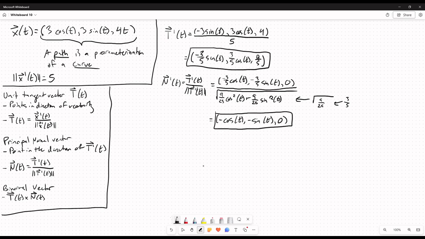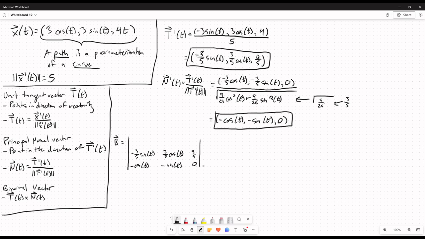And we have one more to find, and this will probably be the most annoying of them all. We need to find the binormal vector, which we find by taking the cross product of our two previous vectors. So I'm going to have the cross product of negative 3/5 sine of t, 3/5 cosine of t, and 4/5, with negative cosine of t, negative sine of t, 0.